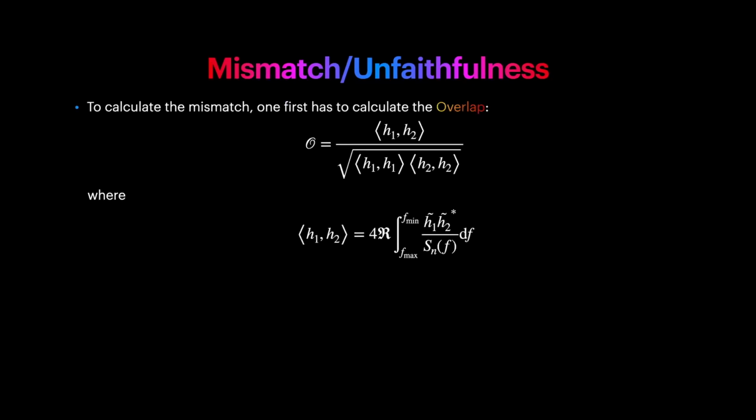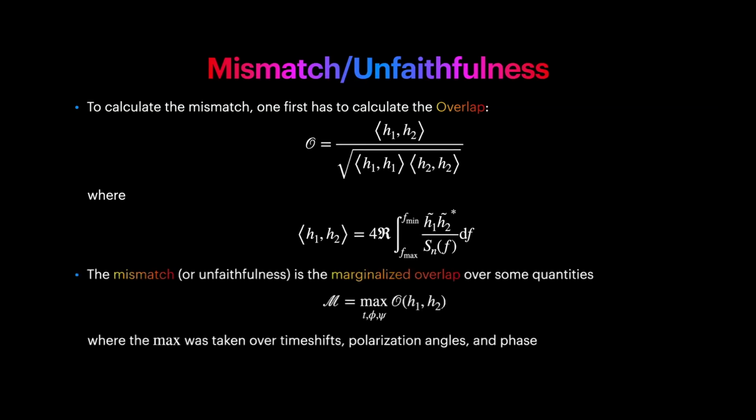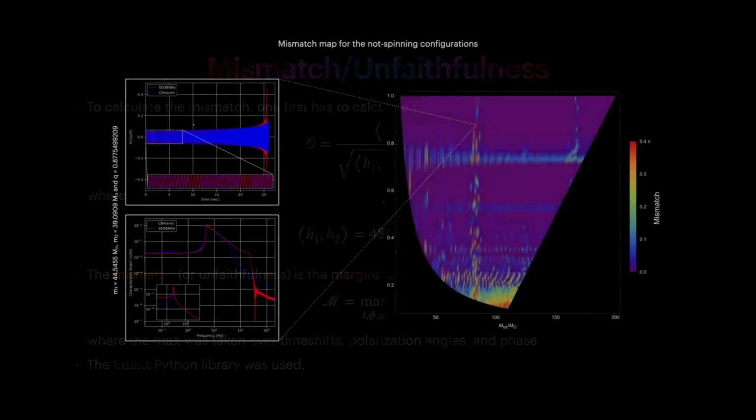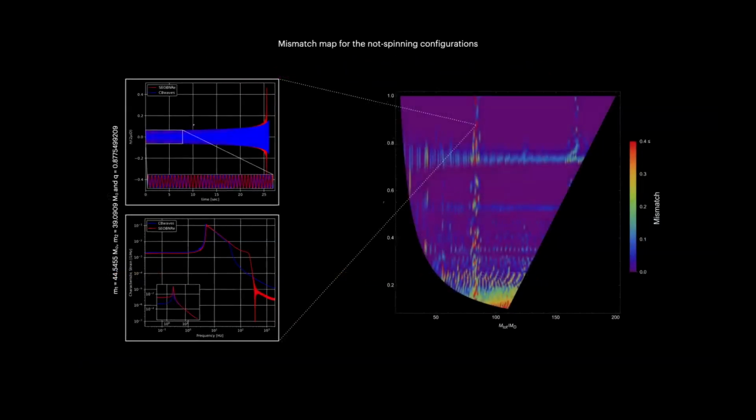Technically, it is the weighted convolution of the two gravitational waveforms, and the mismatch is actually this overlap with marginalization. We use the so-called QBit Python library, which is developed to evaluate gravitational waves simulated by other codes.